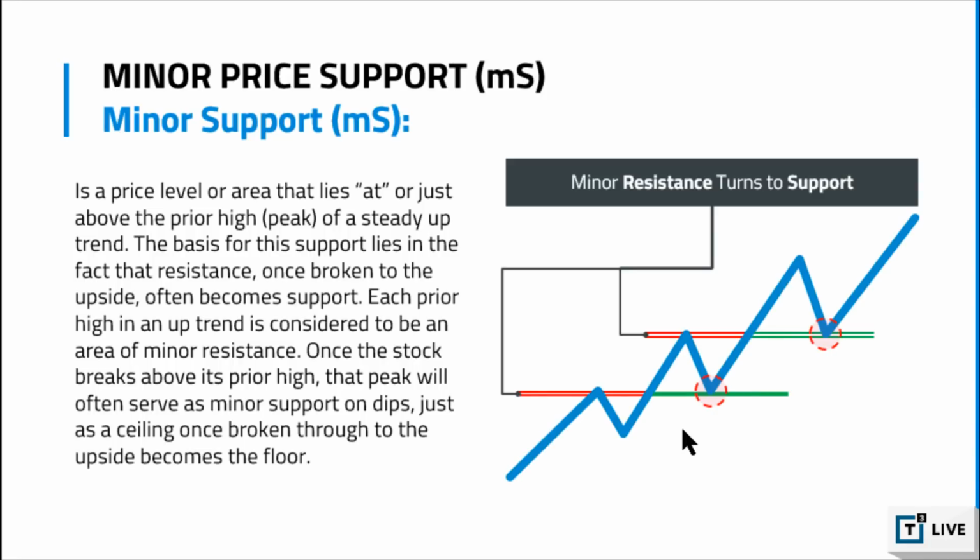The premise, or the reason why this area, why resistance becomes support, is because traders that shorted the stock here or the market, when the stock goes through their stop, they don't even know what the stop is.